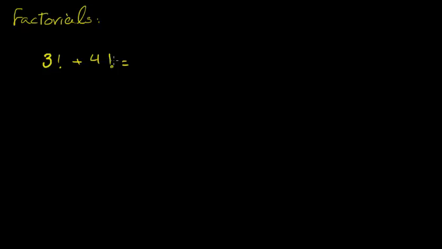What we can do is write 3 factorial and 4 factorial out as multiplications and then add them up. So 3 factorial is 3 times 2 times 1 plus 4 factorial, which is 4 times 3 times 2 times 1.